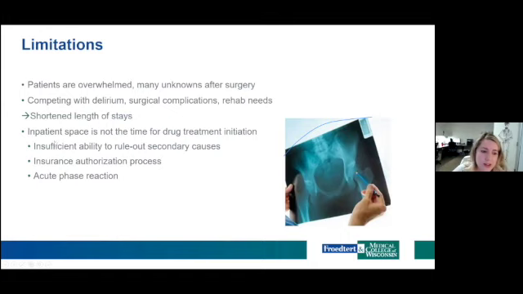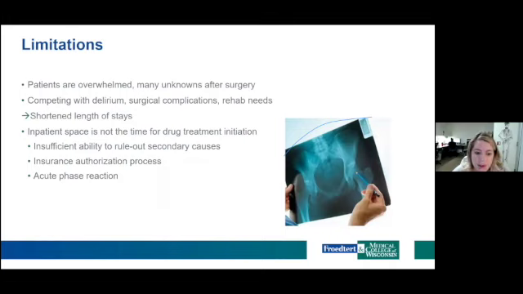And really, I don't find it to be controversial, but I know that there are other FLS models out there that are starting to push the envelope on when they start drug treatment. But really, the inpatient space is not the time for drug treatment initiation. It just doesn't allow a sufficient ability to rule out those secondary causes. Then we know that after fracture, one of our first-line drugs should be our anabolic agents, which require insurance authorization.